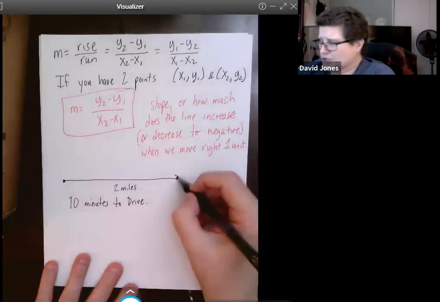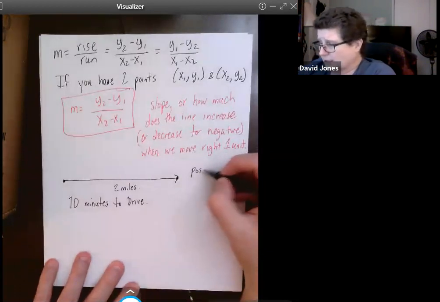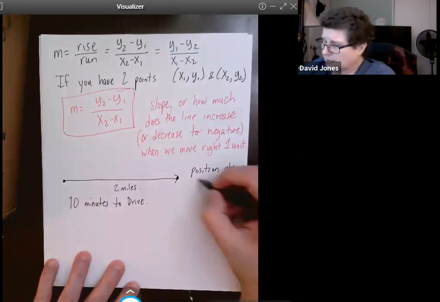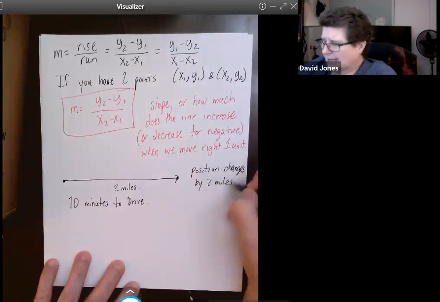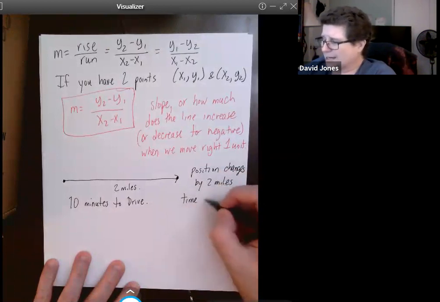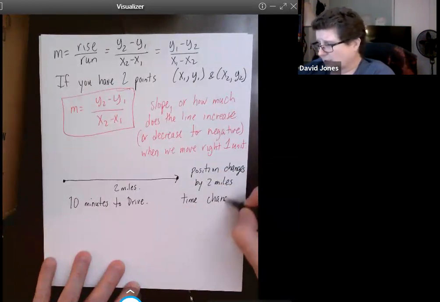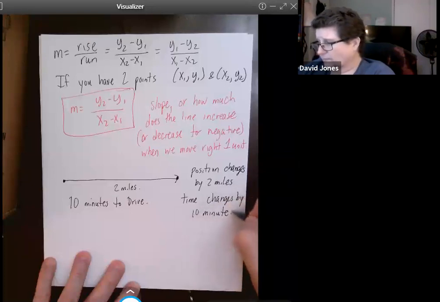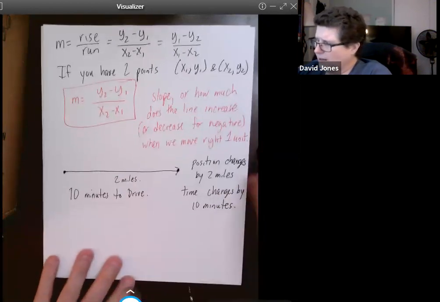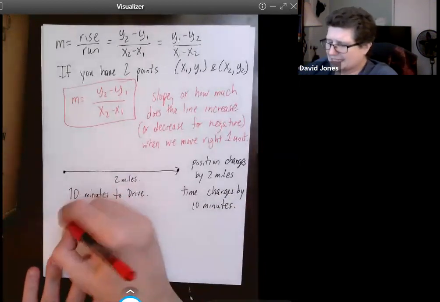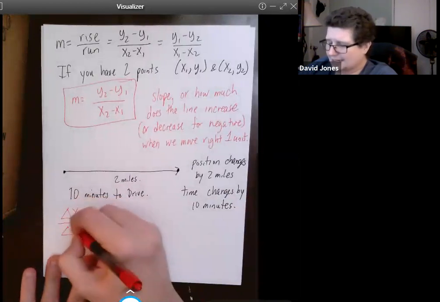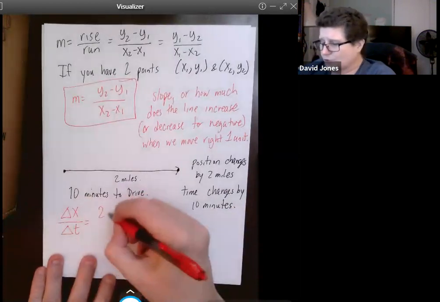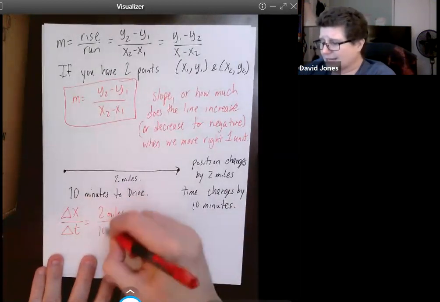So my position changes by 2 miles as my time changes by 10 minutes. This, in physics, we would see delta x over delta t. Change in distance over a change in time, 2 miles over 10 minutes.